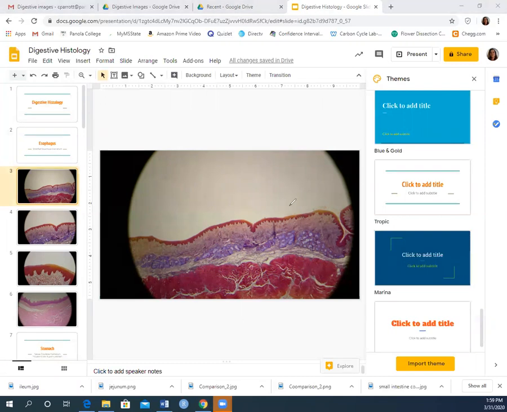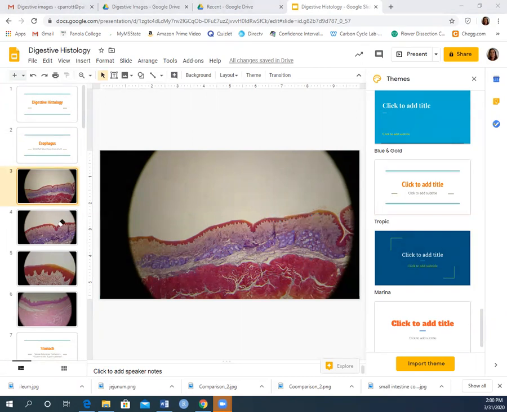Do you see right here where my pen is, that blue line I'm marking? That is your stratified squamous epithelium.